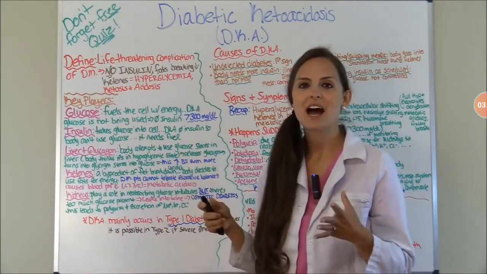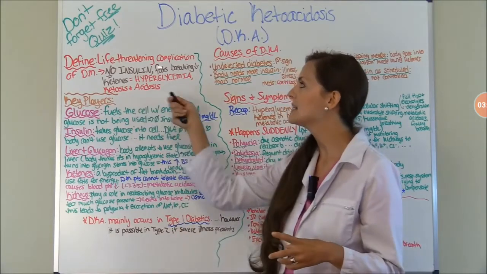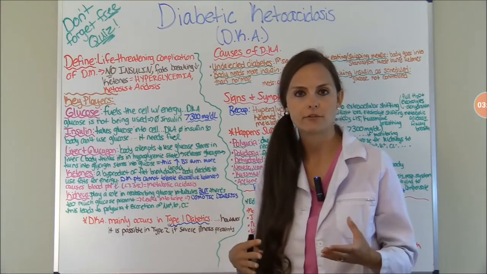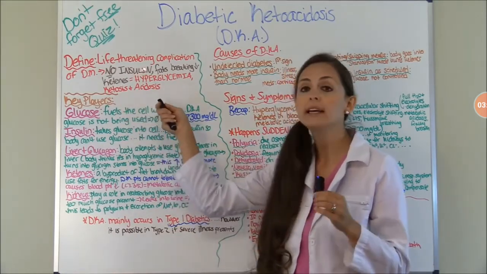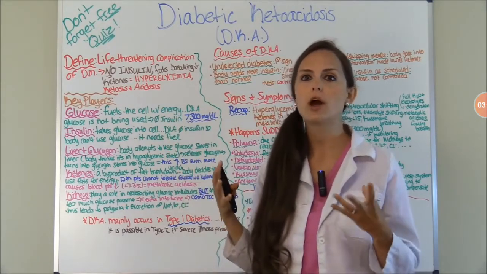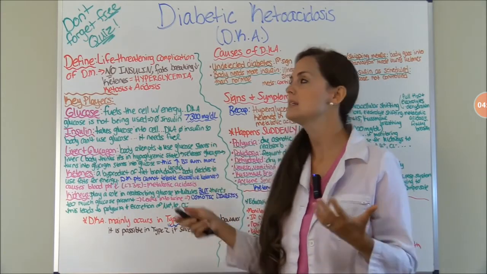Okay, first let's define what DKA is. What in the world is DKA? DKA is a life-threatening condition that patients with diabetes mellitus can suffer from. And what it is, in a nutshell, is that there is absolutely no insulin in the body. Insulin plays a role in using glucose, and glucose fuels our cells, but the body can't get to the glucose.